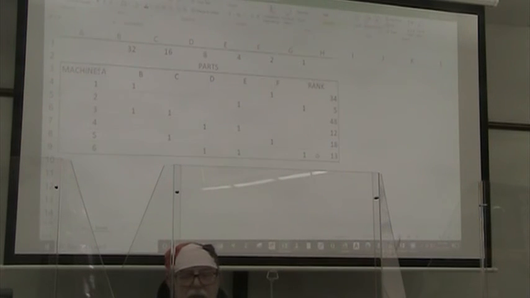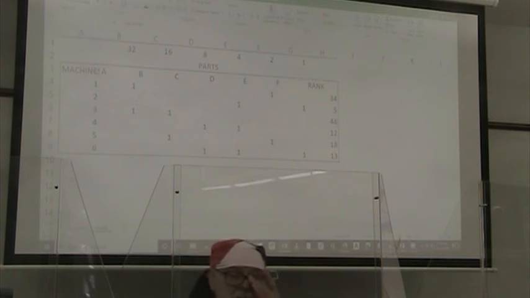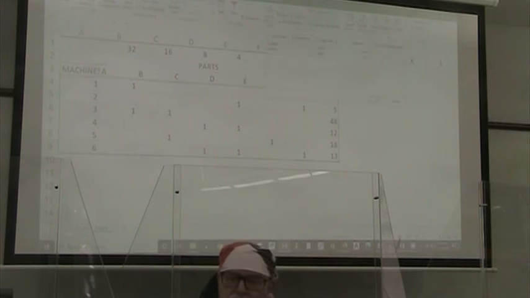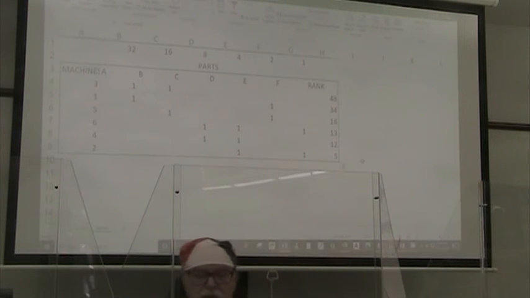All right, so again, we can go to sort. My data has headers, yes it does, rank, but we want largest to smallest. It would actually end up the same if we used smallest to largest consistently.